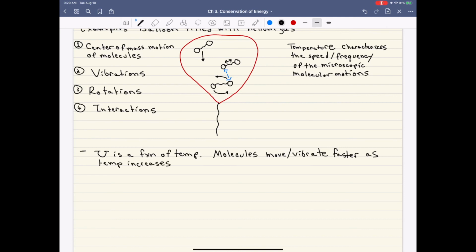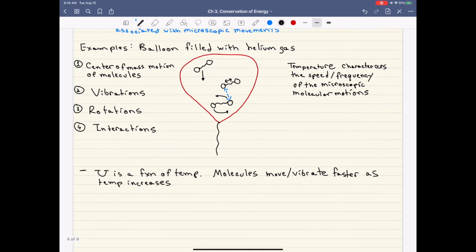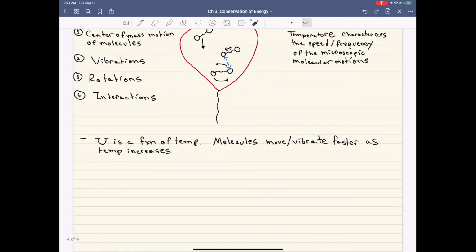All right? And so when we think of internal energy, I want you to think of these 4 different types of molecular motions, and that the speed of these motions is going to be directly related to whatever the temperature of the system is. Alright, so that's internal energy.